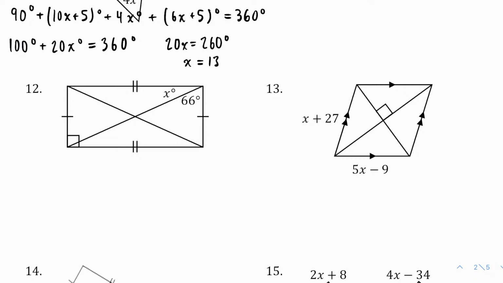From that, we can extrapolate. That was a really nerdy way to say that. Holy crap. Because this is a 90-degree angle, we know that this is also a 90-degree angle because it's a rectangle. So if this little piece of a 90 is x, and this little piece of a 90 is 66, then this piece has to just be 90 minus 66.